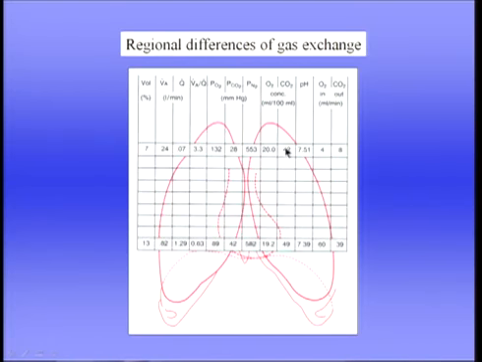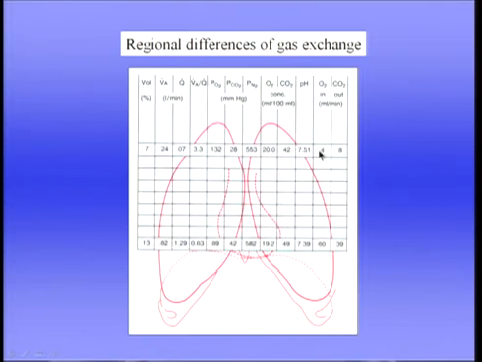That's the CO2 concentration in the effluent blood. Particularly interesting are the differences in pH. Much higher pH, 7.51 at the top than the bottom. Why? Because the PCO2 is lower at the top of the lung, and the base excess is no different between the top and bottom, so that gives us a high pH at the top.